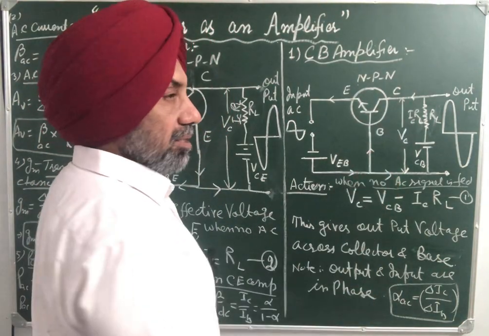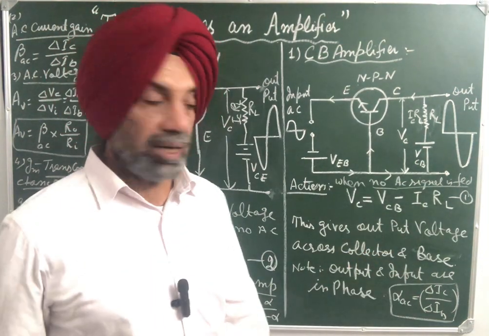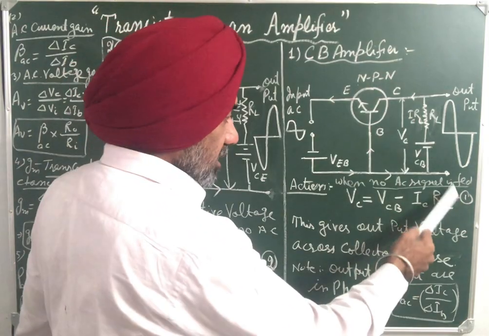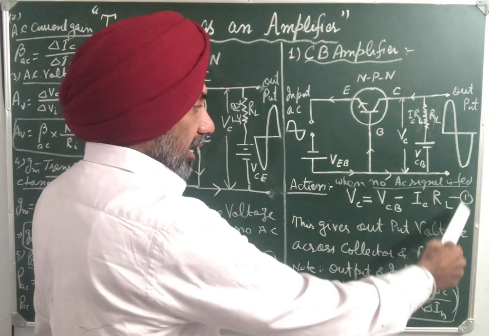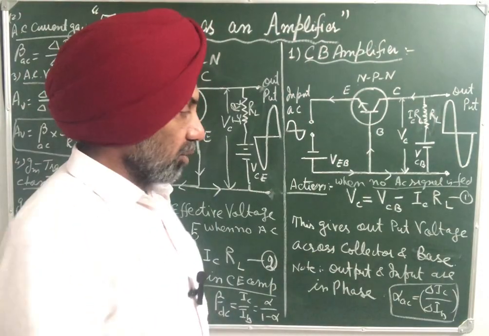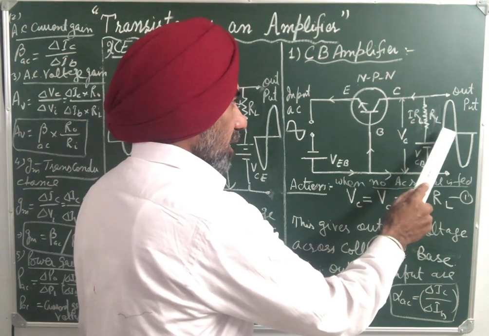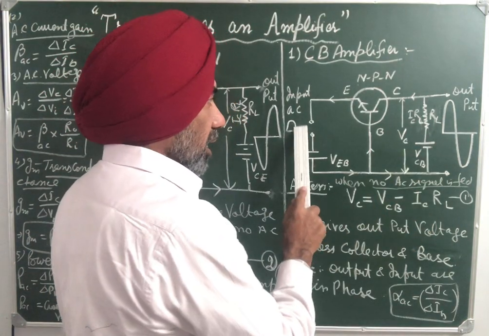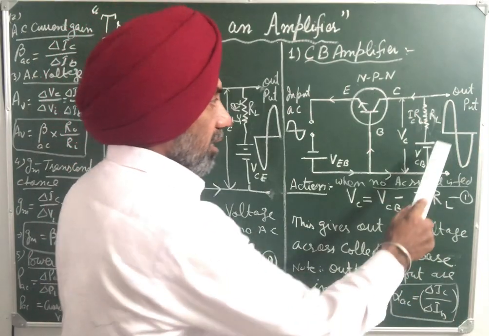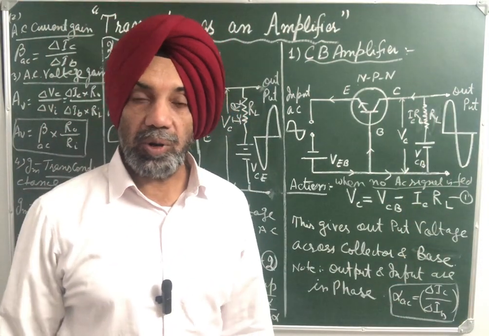If collector current decreases, this factor ICRL decreases because RL is fixed. If ICRL decreases, this negative factor decreases. So VC becomes more positive because VCB is also fixed. So instead of a small positive half cycle, we get an amplified positive half cycle in the output of the amplifier.